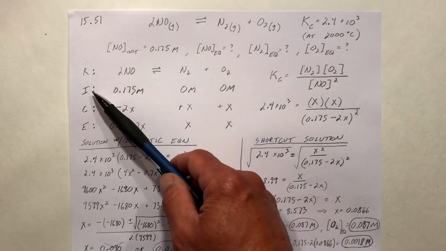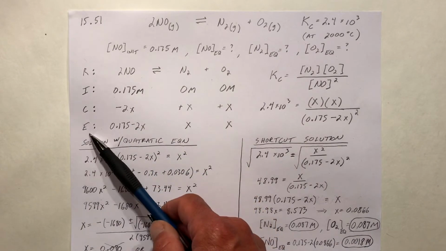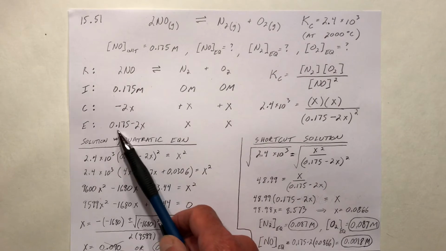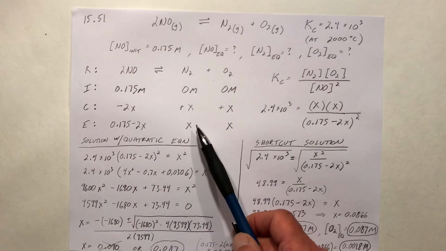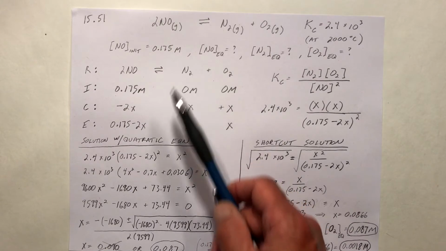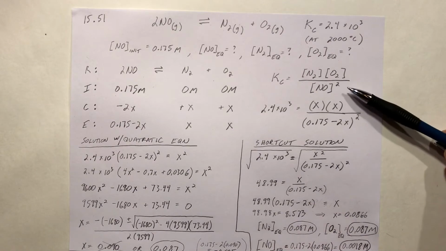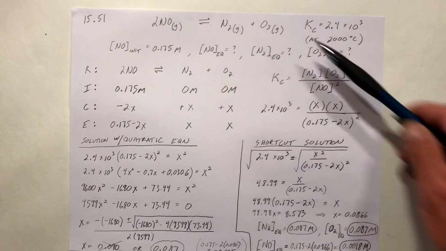So combine the initial line and the change line to get the equilibrium line. So 0.175 minus 2x would be the equilibrium amount for NO. 0 plus x, or just x, is the equilibrium amount for N2, and x is the equilibrium amount for O2 as well. So here's our equilibrium constant expression that we can put together, knowing what the equation is and what these coefficients are.